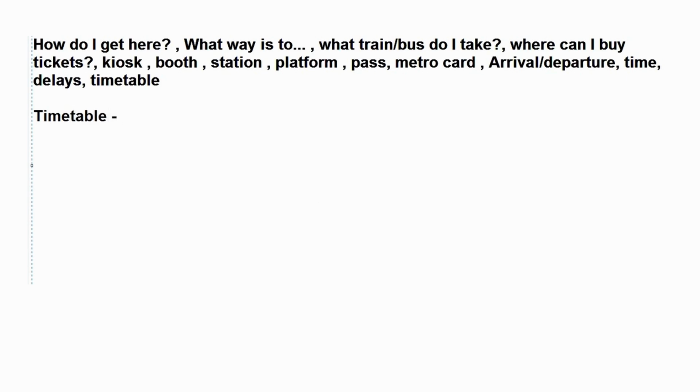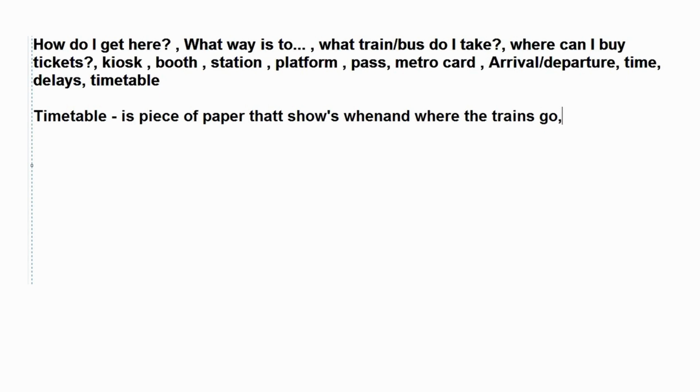A timetable can be a piece of paper that shows when and where the trains go, and the map of their routes. So when and where the trains go.